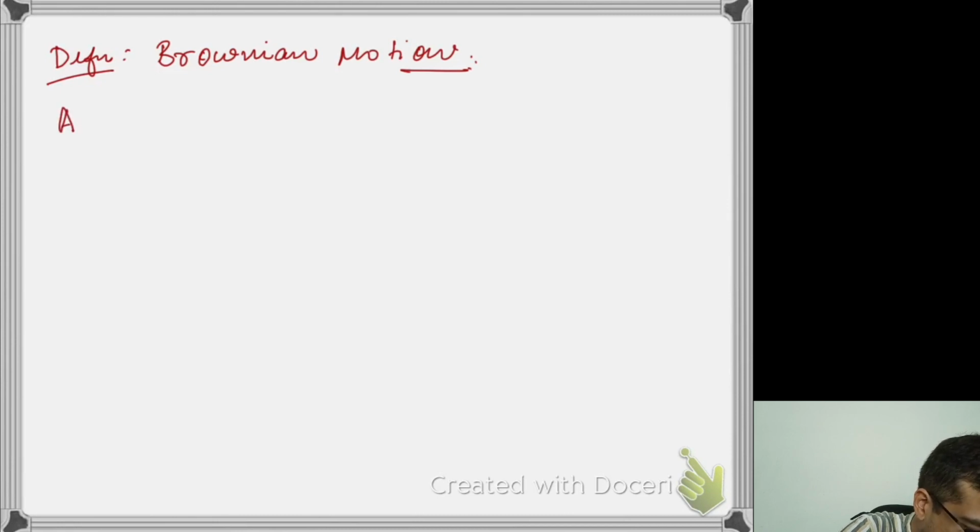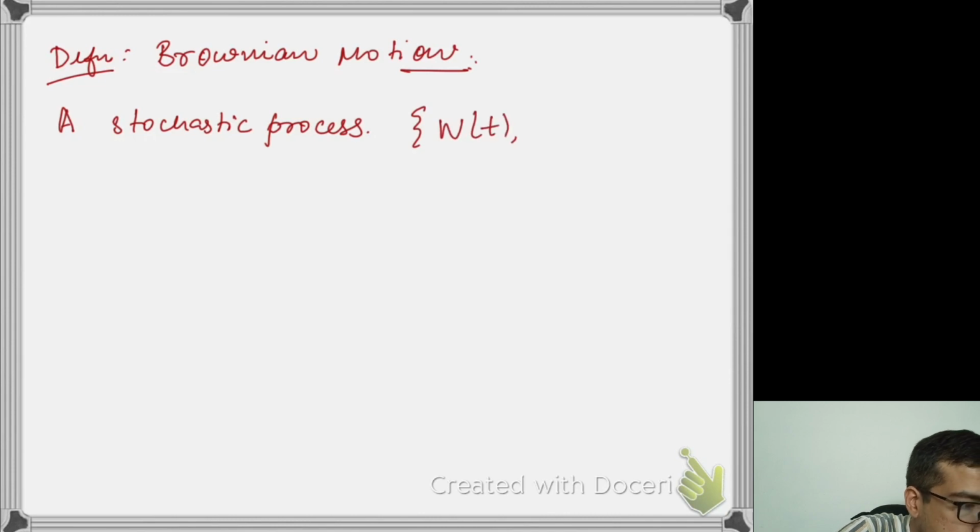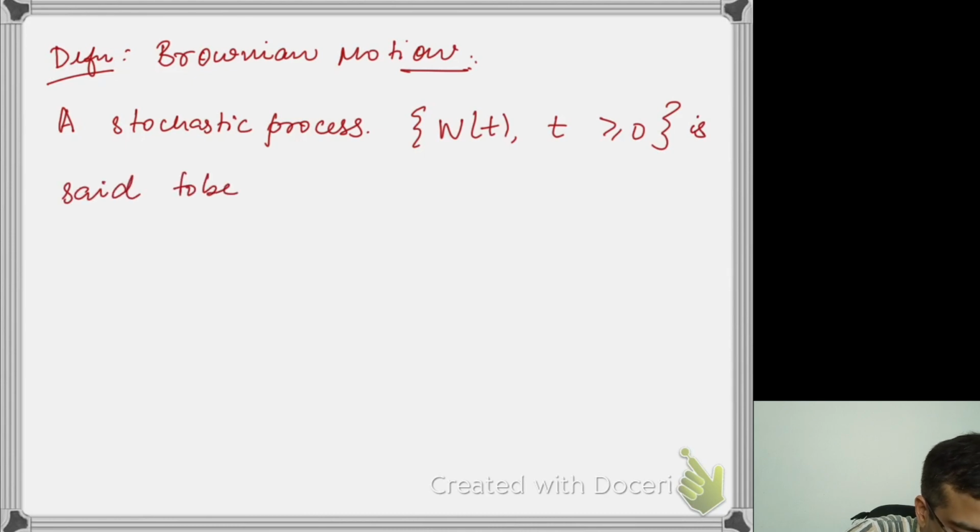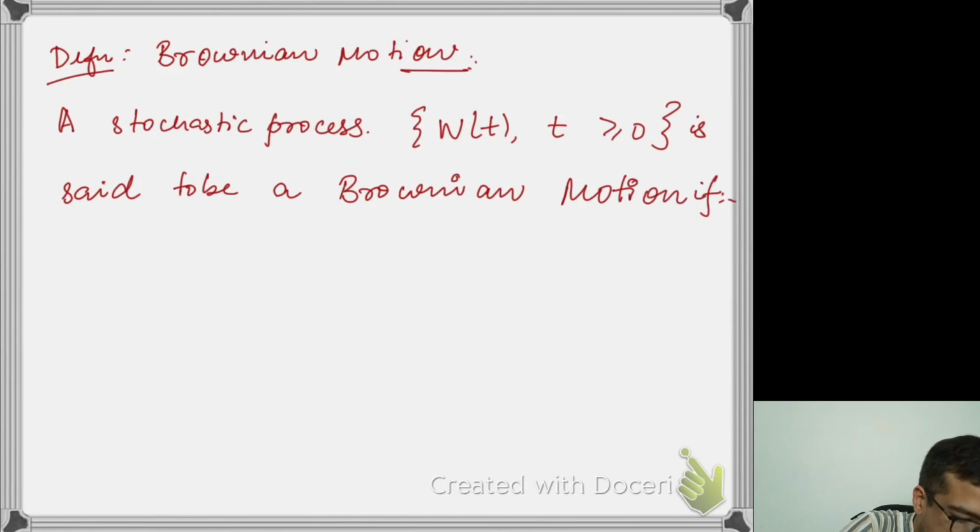A stochastic process Wt, t greater than or equal to 0, is said to be a Brownian motion if, one, it starts from 0, so W0 is 0.